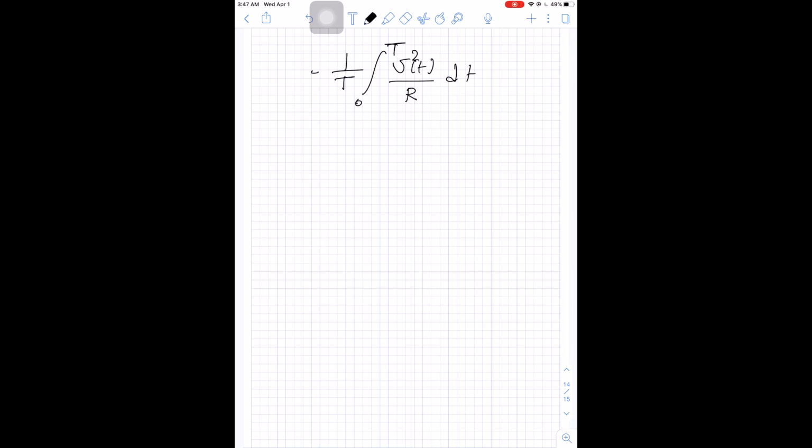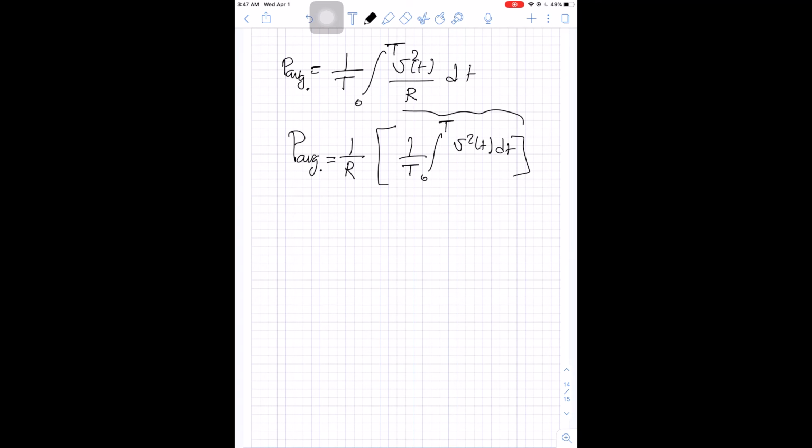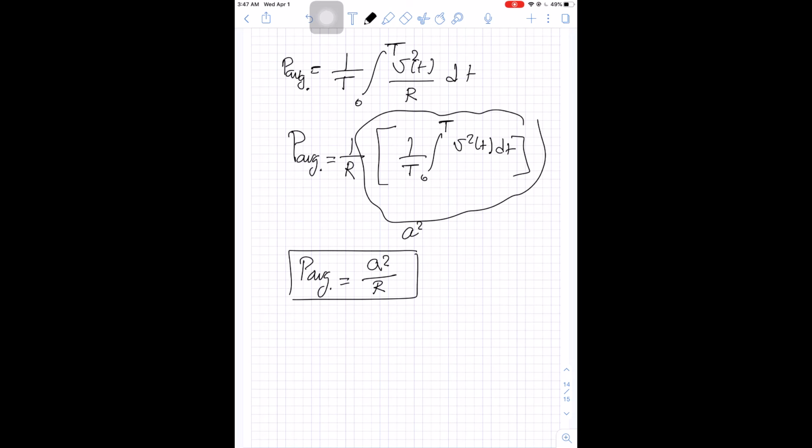So we can write down that P average equals 1 over R multiplied by 1 over T integration from 0 to T of V squared of t dt. If we name this term as A, P average will equal A squared divided by R. So to calculate the average power, square this term A and divide it by R.